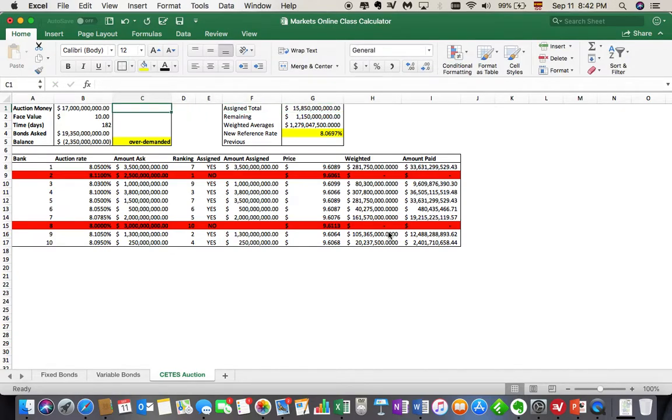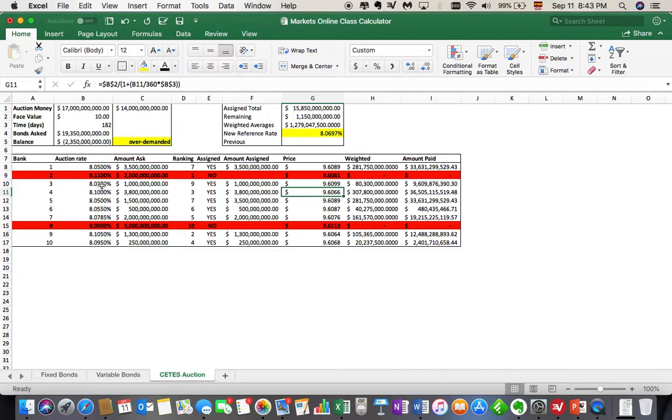So let's think the Banxico auction only 14,000 instead of 17,000. Well, not every bank would have been able to be assigned by Banxico, which means only some of these banks would have received CETES. Who would have received CETES?